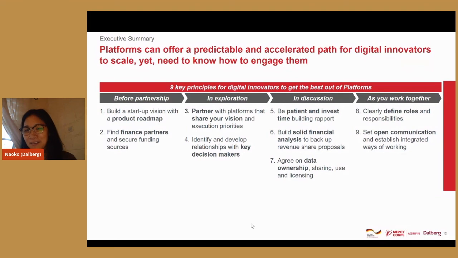That could come up later and surprise you. Similarly, data ownership, data sharing, who owns and who can do what, that's also an upfront conversation to have. And as you work together, clearly define the roles and responsibilities, and define the communication mechanism and the troubleshooting mechanism.